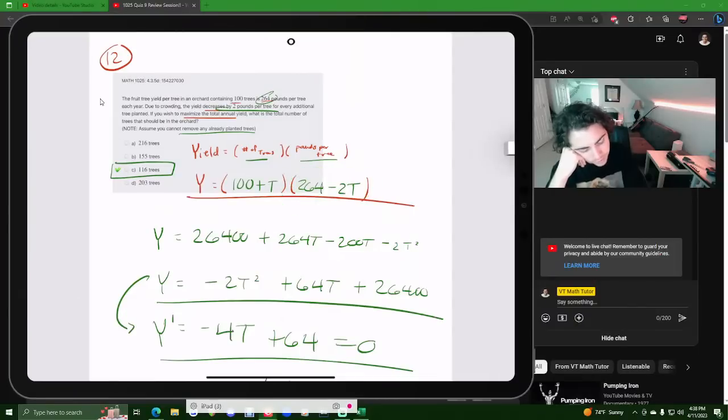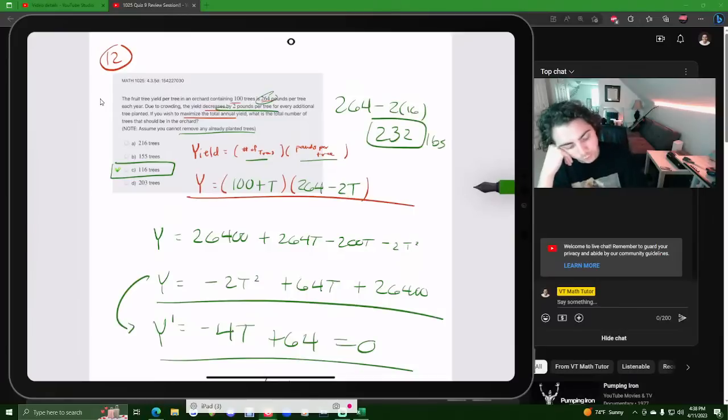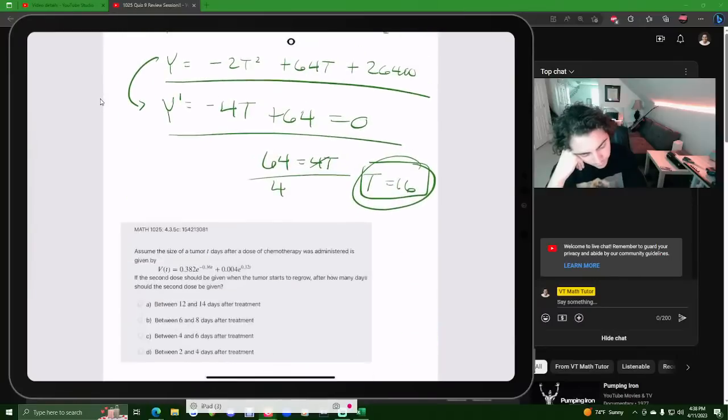So just to demonstrate, it would be 264 minus 2 times 16, so 264 minus 32. So 232, I think, would be your answer in pounds per tree. So had they asked for pounds per tree here, 232 would have been your answer. But since they asked for trees, we plugged it in here, so we got 116. Hope that makes sense for the two different versions.